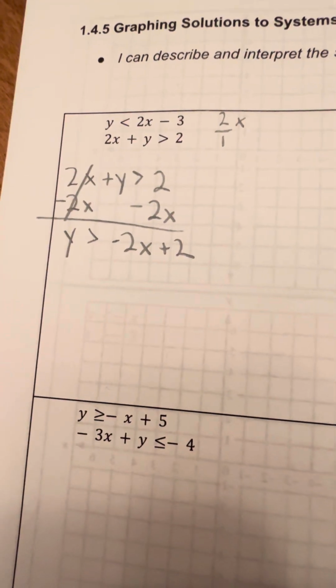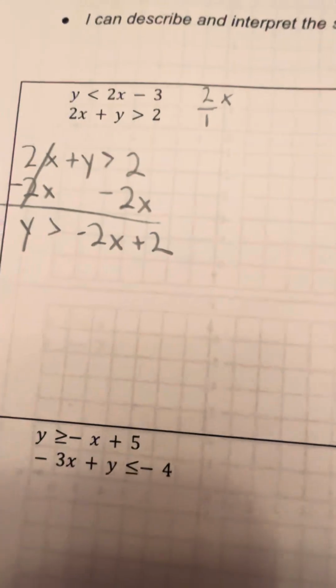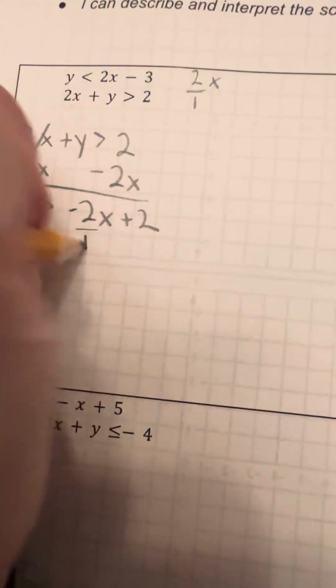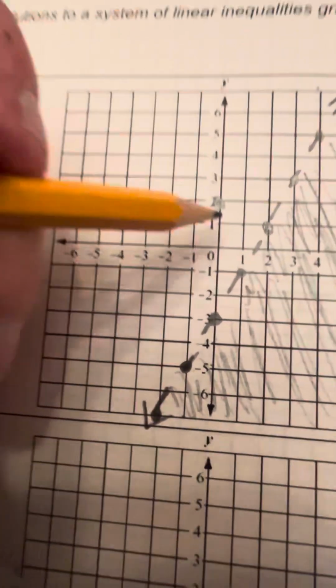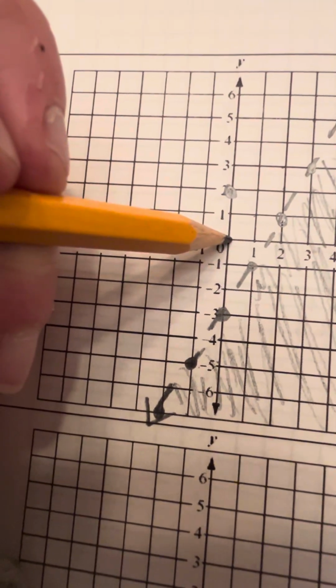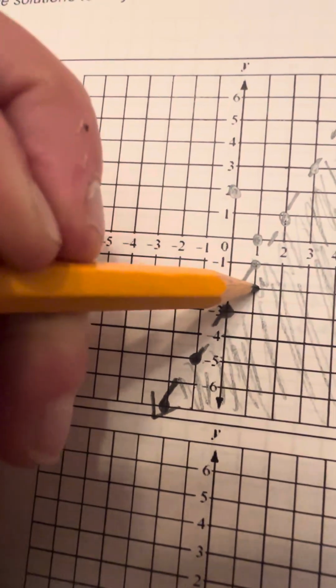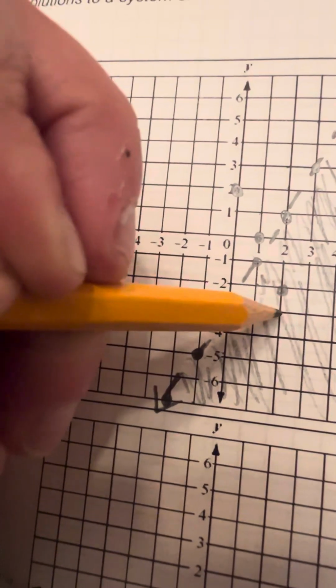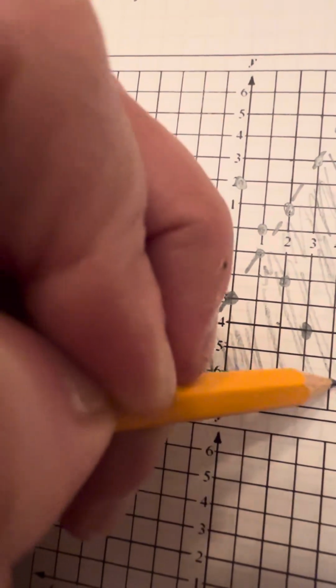So on my second line, I'm going to go up to a +2 and put a dot right here. And then I'm going to make a fraction, so -2 over 1. So I'm going to go ahead and graph -2 over 1. So I'm going to go down 2, right 1, down 2, right 1, down 2, right 1, down 2, right 1.